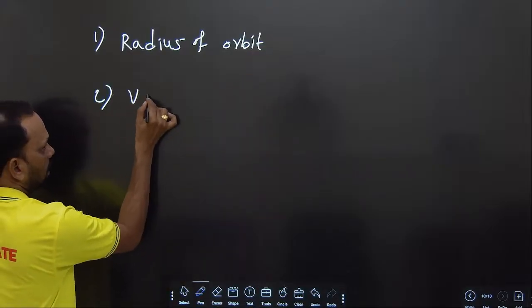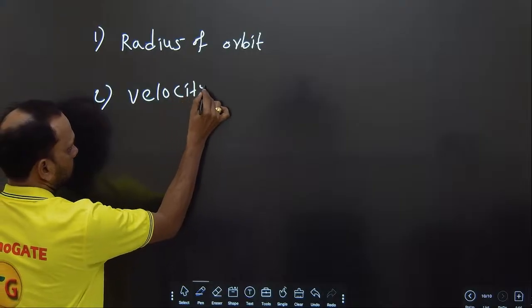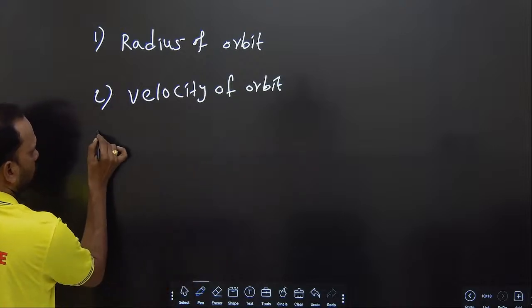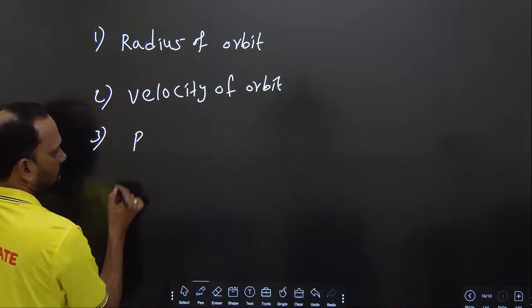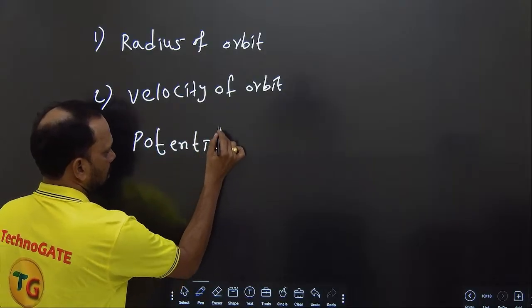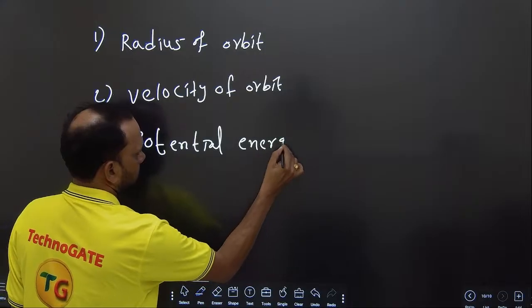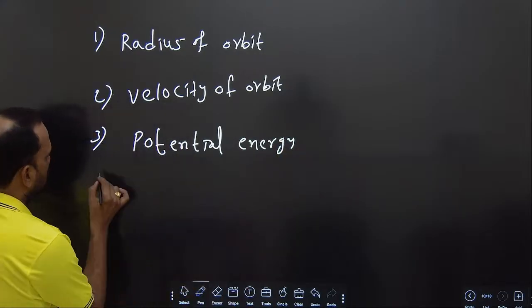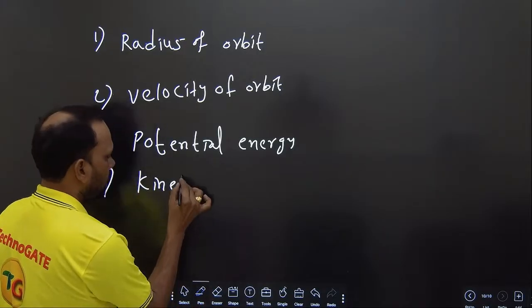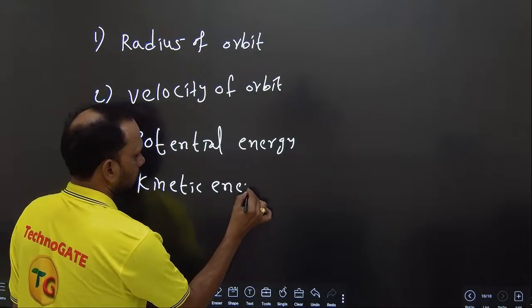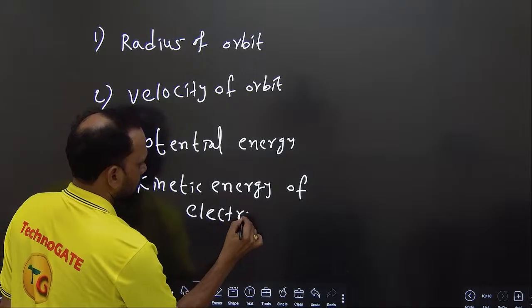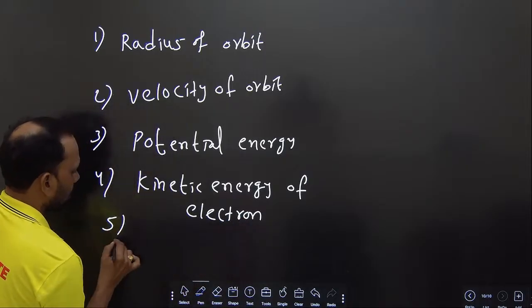Next one is velocity of orbit. Next one is potential energy. Fourth one is kinetic energy of electron. Next one is total energy.